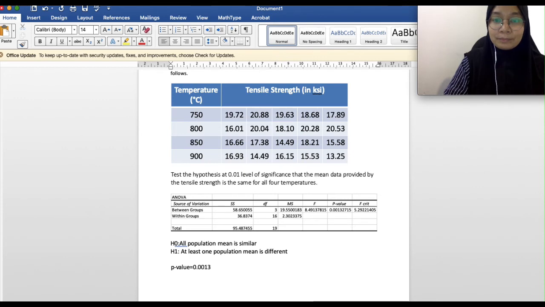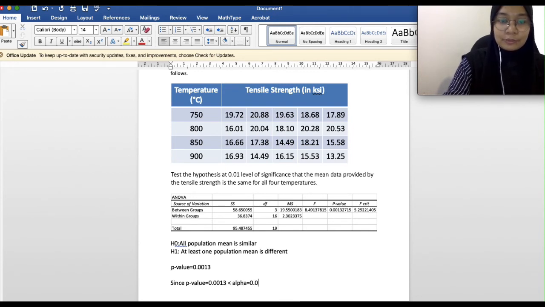So compare p-value with our alpha. Since the p-value equals 0.0013 is less than alpha equals 0.01, what you have to do is you have to reject H null.